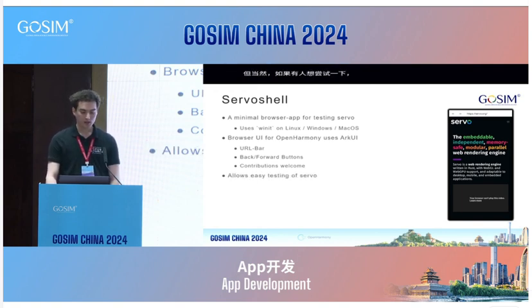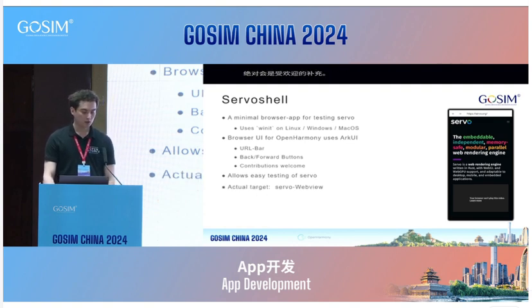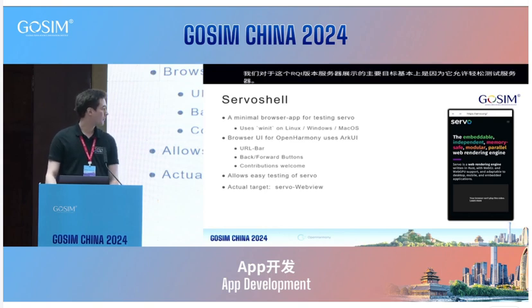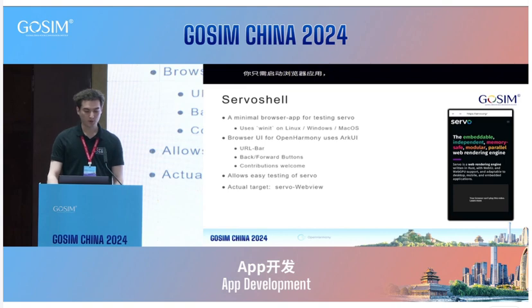The main goal for us for this ArkUI version of Servo Shell is that it allows easy testing of Servo. You just fire up the browser app and you can test websites very easily. But it's actually not our real goal. The real goal is to have something like a Servo web view, which you can embed into applications, for example to run a mini app which uses a web view backend.